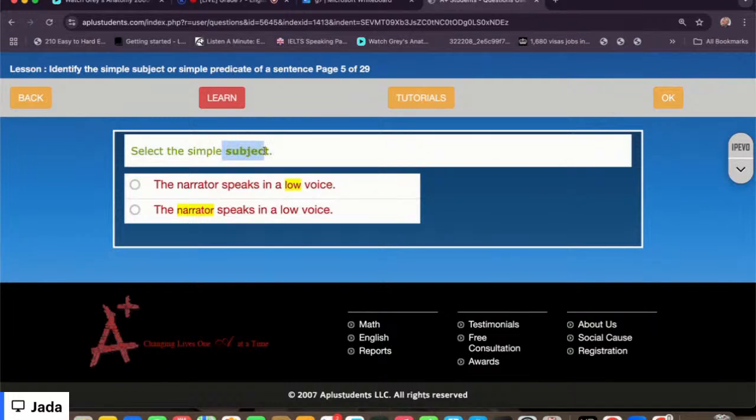So select the simple subject. The narrator speaks in a low voice. So which of these is the simple subject?